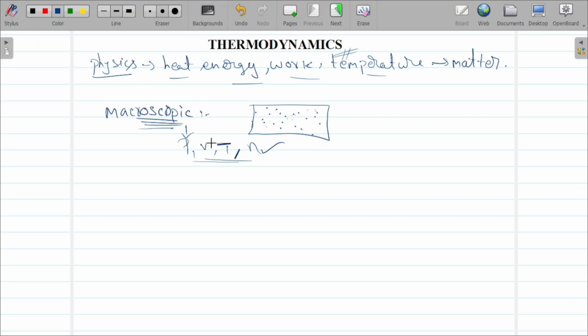So thermodynamics is a macroscopic science which deals with macroscopic variables: pressure, volume, temperature, entropy, mass. All of these come under macroscopic variables.